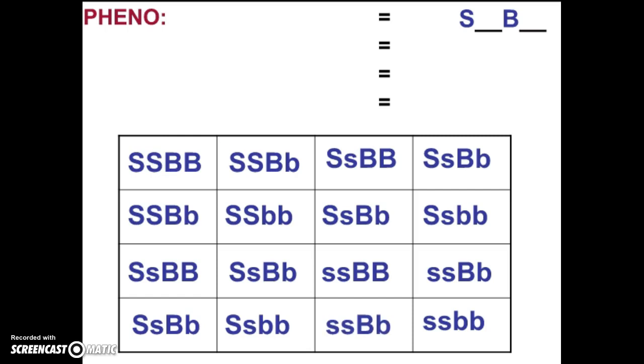Now this is what I do to find the phenotypes. You're going to take a look at the different combinations. Anything that has capital S something, capital B something, will have short and black fur. It doesn't matter what's in the blanks because remember, short and black are dominant traits.